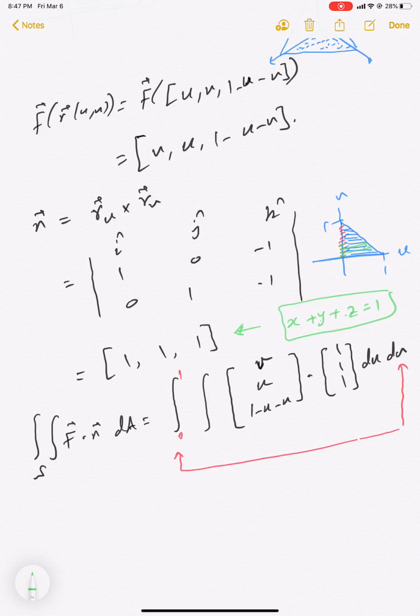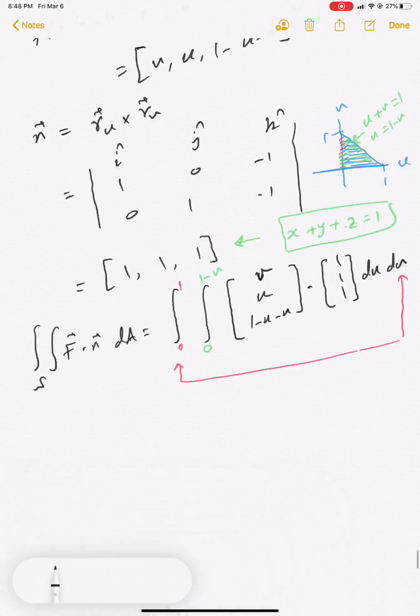You always start from 0, that's right, but you end up at this line. So you need to find u from this line. What is this line equation? It's u plus v equals 1, just a line between 2 points, which means u is 1 minus v. So the upper limit of u is 1 minus v.